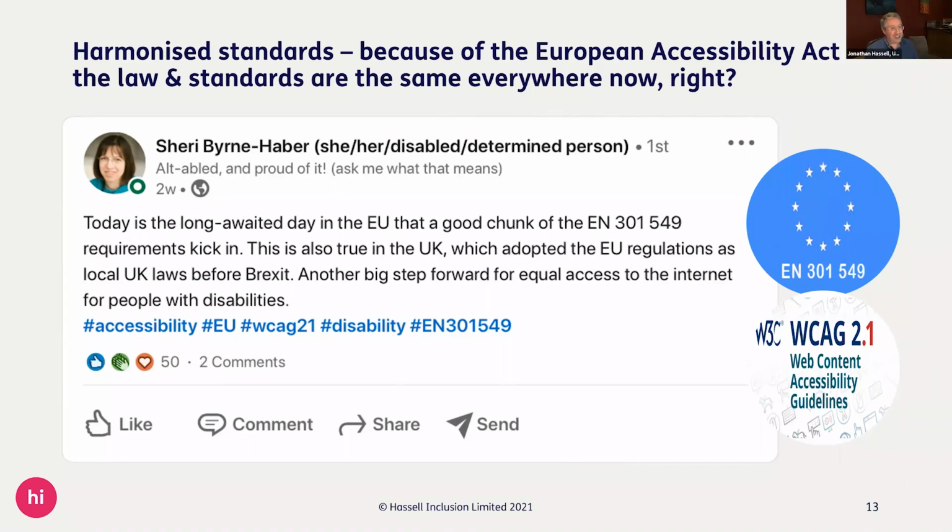So this is Sherry Byrne-Haber, a colleague of mine in the States, saying, isn't it brilliant that Europe has now adopted EN 301549, and even the UK with Brexit is effectively in step with the rest of Europe. And a lot of the stuff which is happening out there is very much around those technical standards.